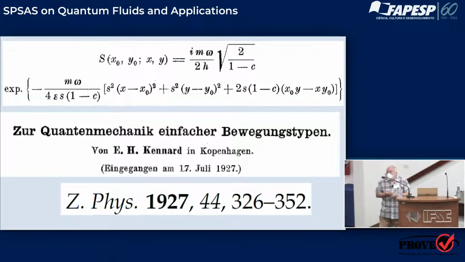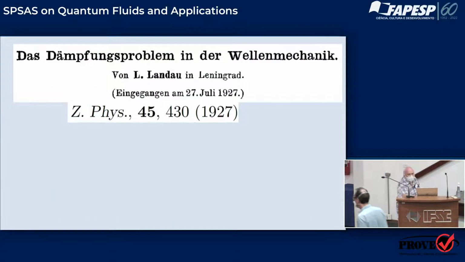From my point of view, the answer is because he did not know about the statistical operator. Let us look. This paper was submitted on July 17, 1927. And the paper by Landau, where he introduced the density matrix, was submitted 10 days later. Therefore, Kennard did not know about this.